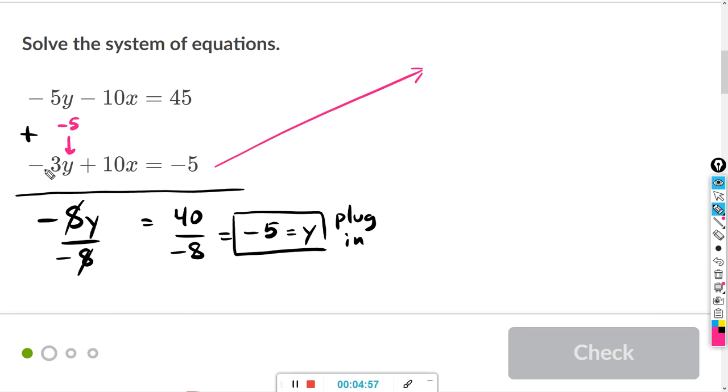Rewriting this equation, negative 3 times negative 5 plus 10x equals negative 5. Negative 3 times negative 5 is positive 15.